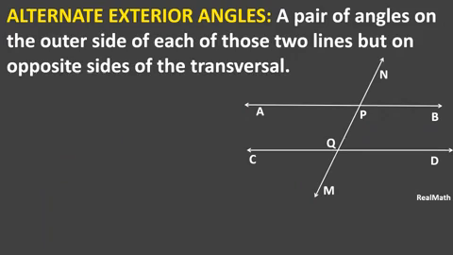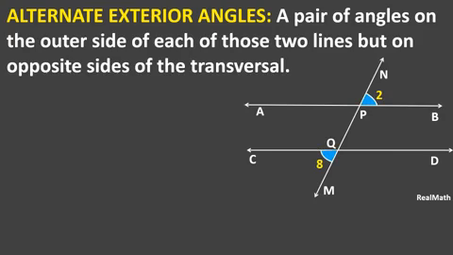Now alternate exterior angles. A pair of angles on the outer side of each of those two lines but on the opposite sides of the transversal. Here you already know about exterior angles and it is alternate exterior.